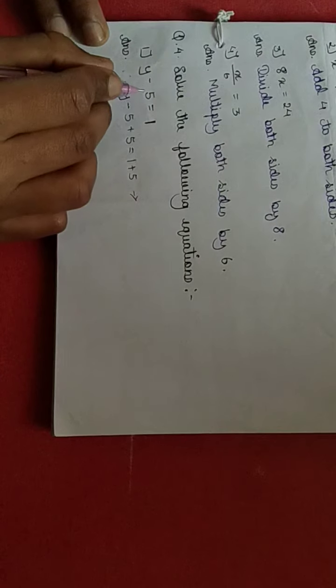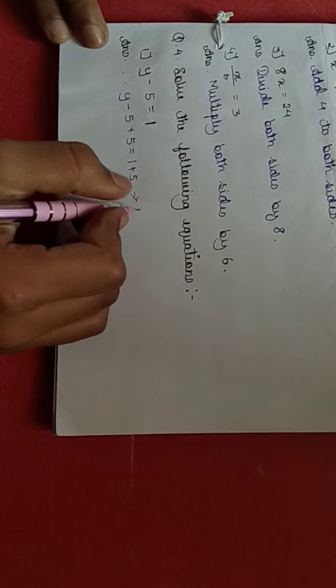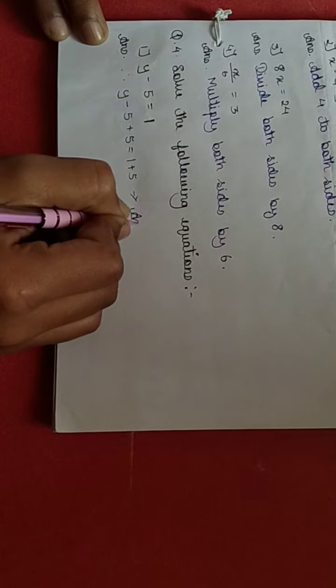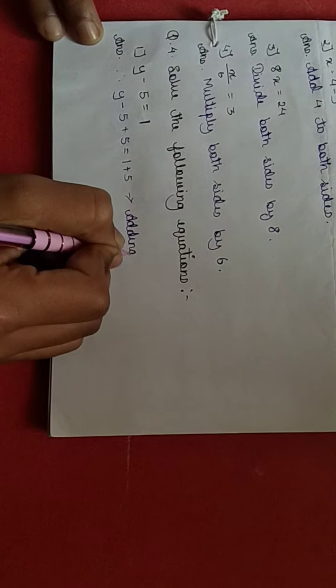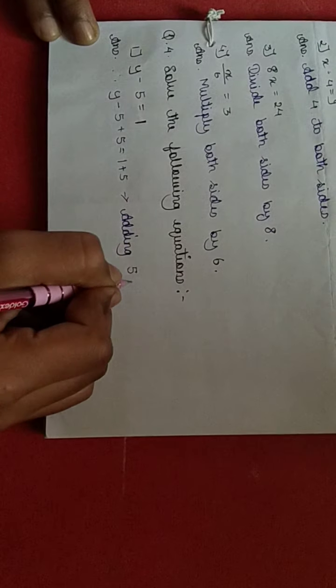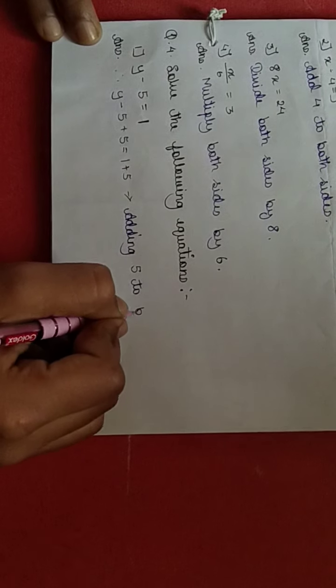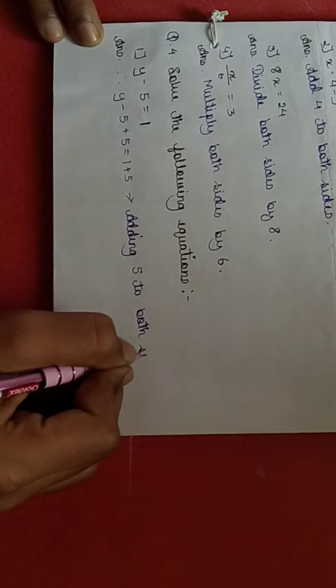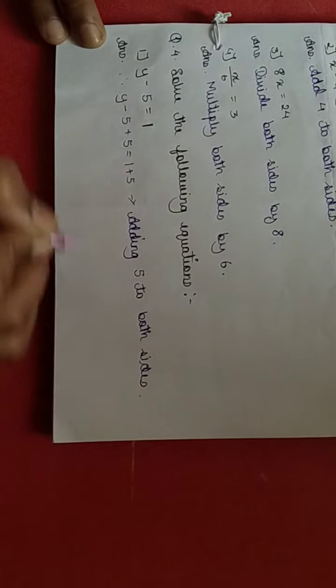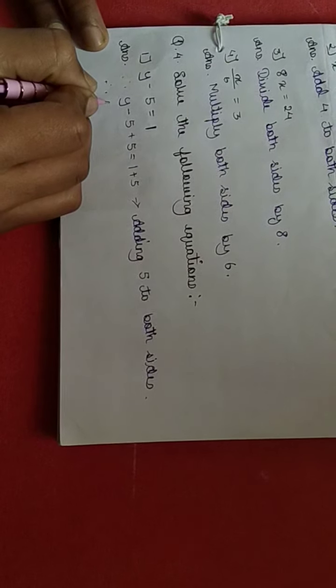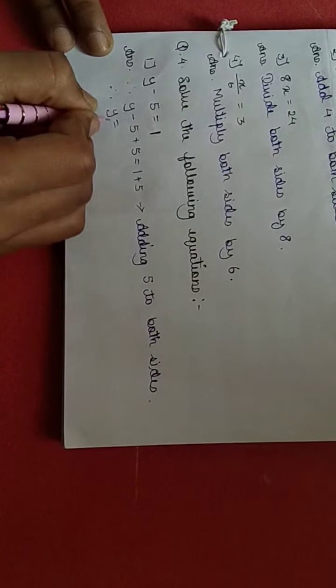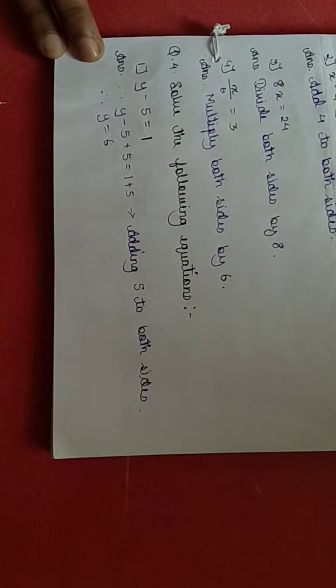We have to add 5 to both sides. So we have to write adding 5 to both sides. Okay, therefore y is equal to 1 plus 5, which is 6. So y is equal to 6.